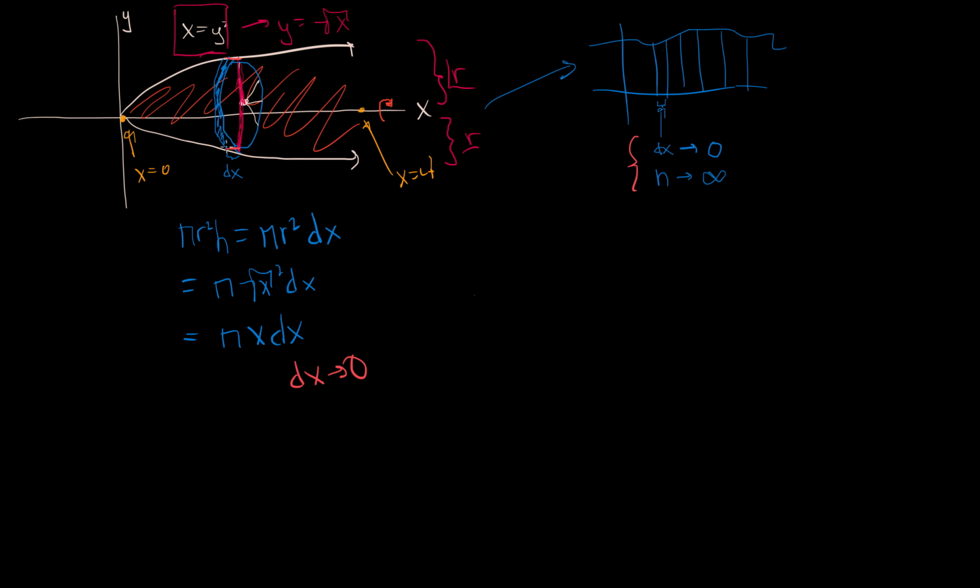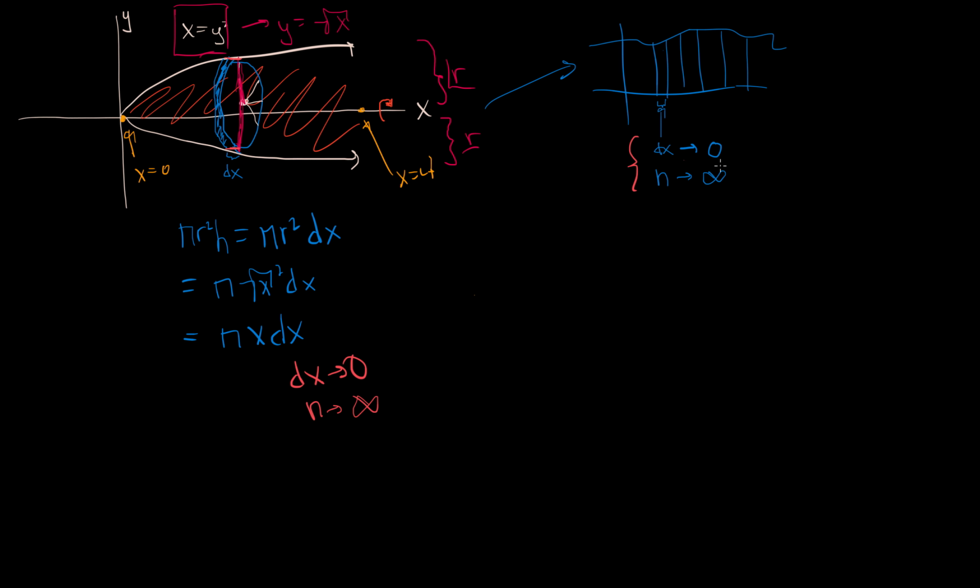The radius needs to stay the same. However, here we have a radius that's increasing. So as we bring dx closer to 0, we get a more accurate representation of the volume of this particular cylinder. And then as we increase the number of cylinders to infinity, we get a better approximation of the actual volume in here.